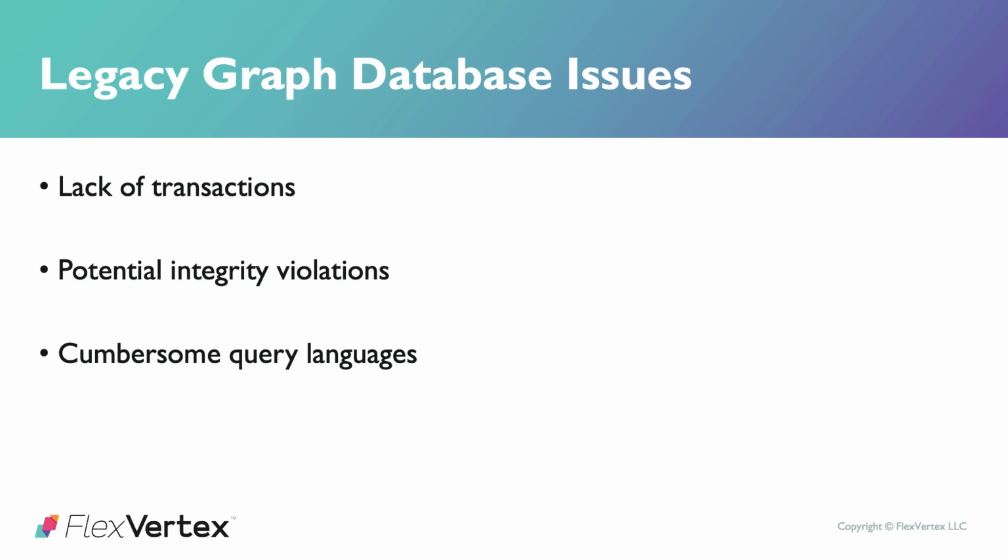And finally, and possibly most importantly, the query languages that developers needed to master to successfully navigate their graphs were horrendously user-unfriendly. It should come as no surprise that we learned from these omissions when we designed the FlexVertex Data Multiverse. We'll be discussing each of these improvements in other videos.